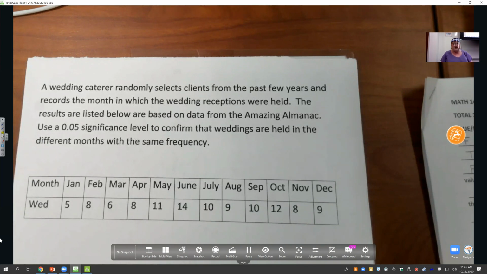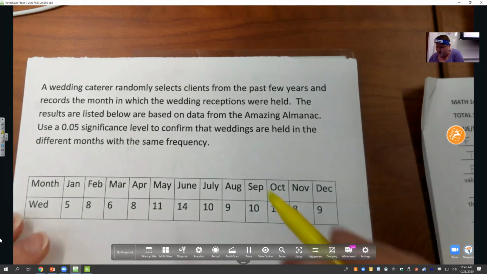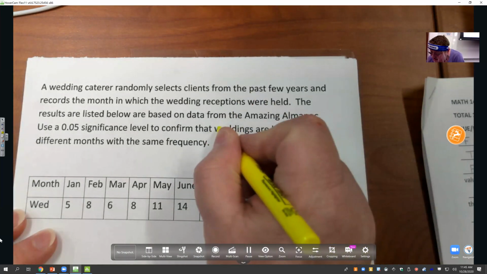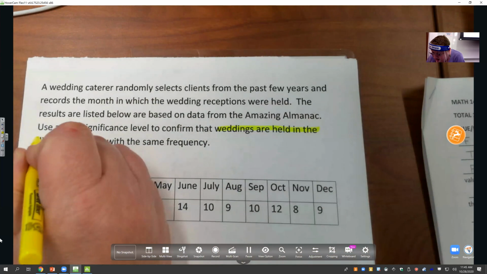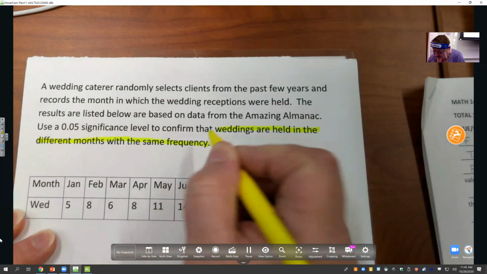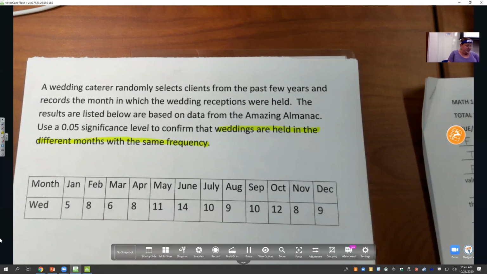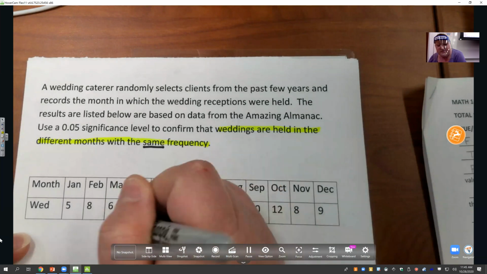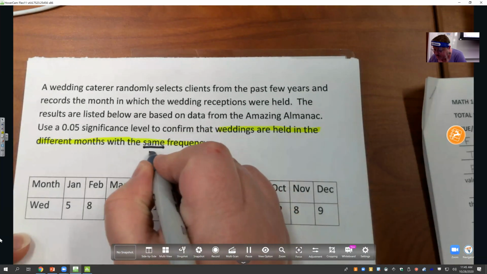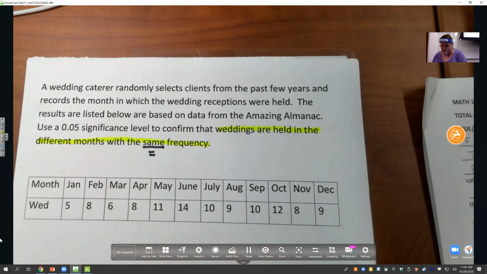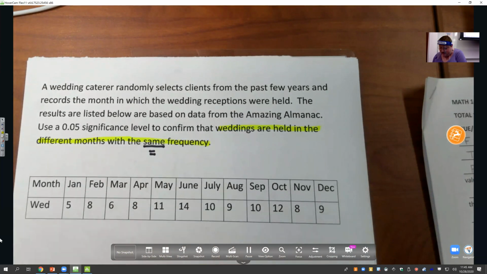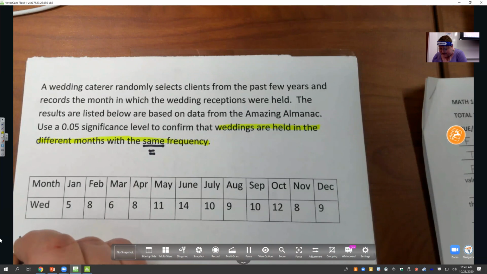Okay? So that last statement there, that weddings are held in the different months with the same frequency. Again, notice you have that word same, which I hope makes you think of equal. And again, that statement there could become our null hypothesis.